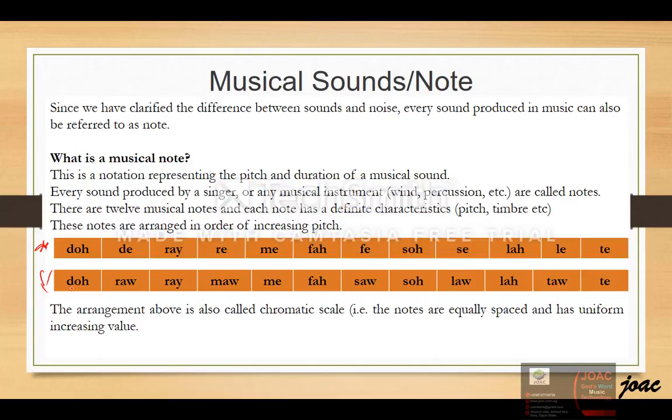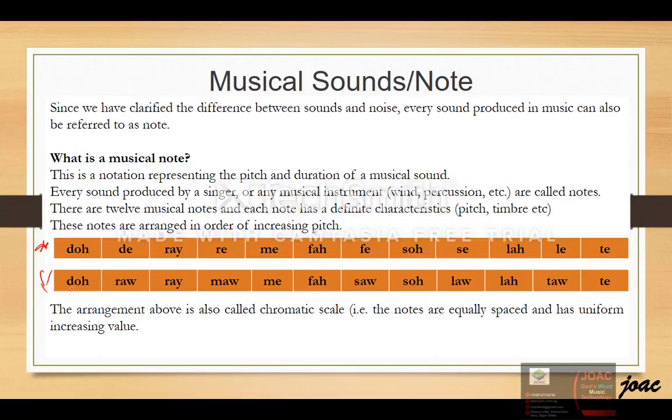Assuming you are taking it on the key of C, that gives you your do. The next note is going to be di, the next note is going to be re, then re, mi, fa, fi, so, si, la, li, ti.